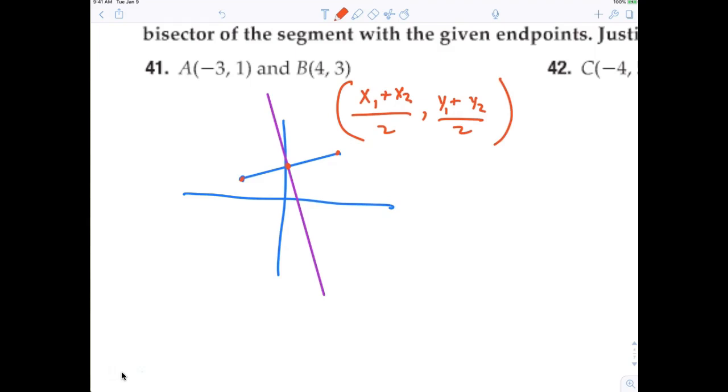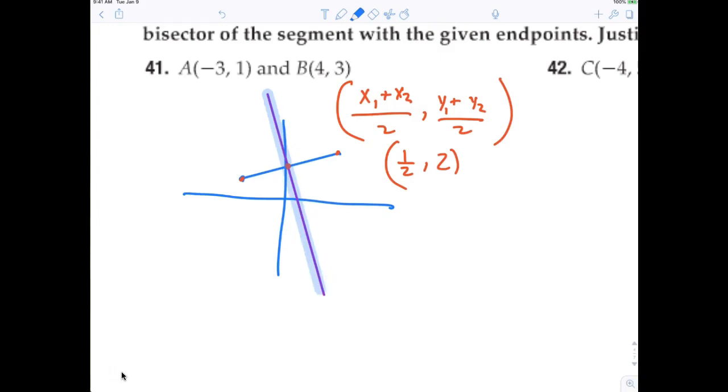These are little things that are important. So the midpoint would be what? Thank you very much. The midpoint is 1/2, 2. Now the next thing I need is the slope of this line.